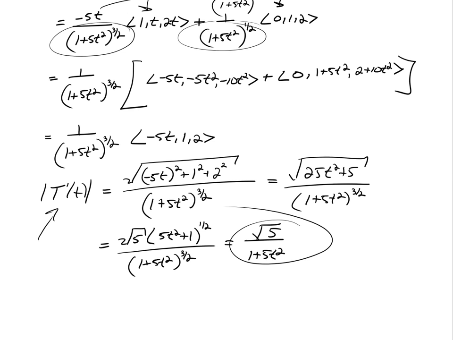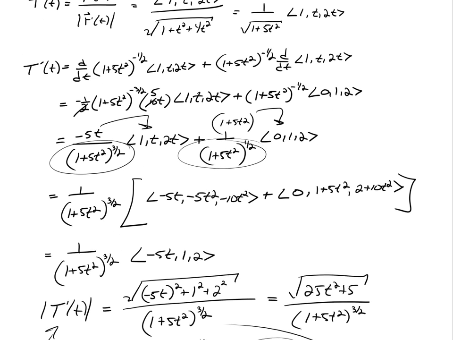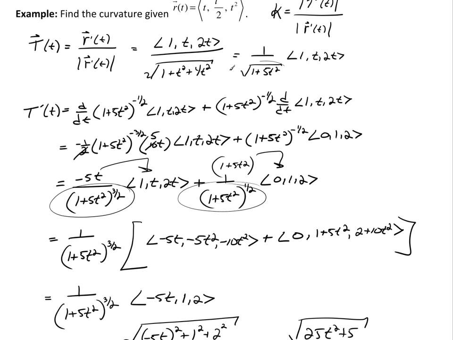Okay, so as a reminder again, the curvature is going to be this guy divided by the magnitude of the first derivative of my original vector function, which I think we have up here already somewhere, don't we? Yeah, that's right there. Did the work and it's right there.